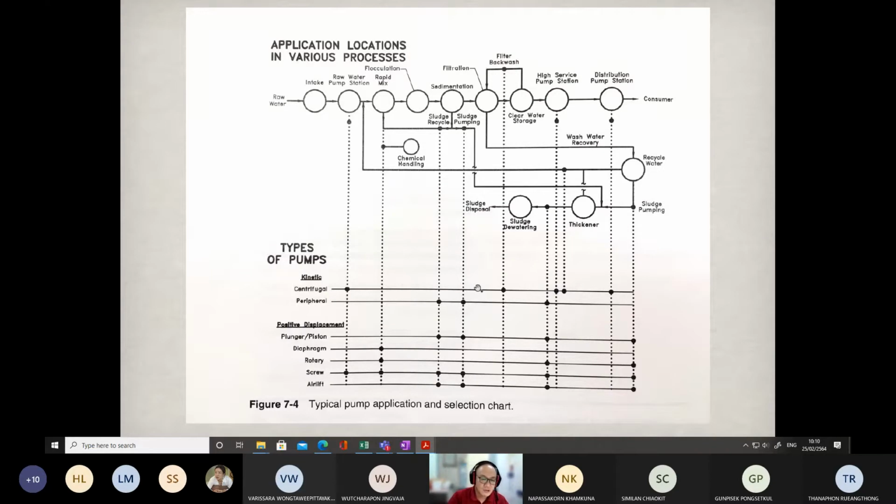In that case, we may use peripheral pumps, or we may use piston pumps, because the liquid containing the sludge is quite sticky. The viscosity is a little bit higher than normal water. That is why we need pumps with powerful power to transfer these liquids into the sludge treatment facilities, like thickeners or sludge dewatering.